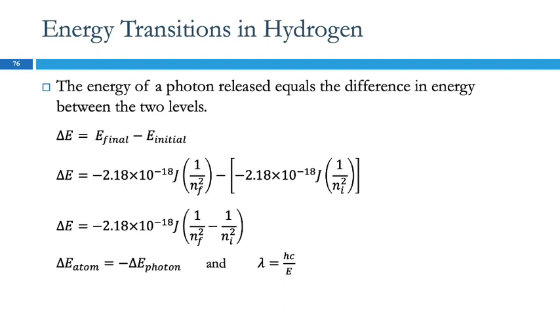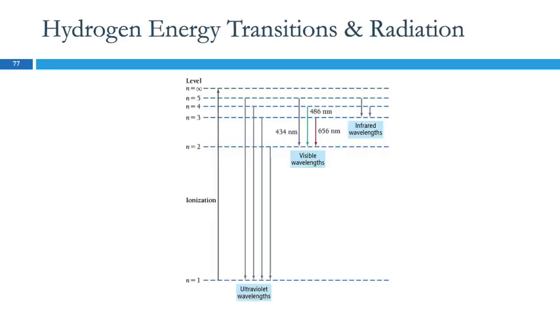You can't have negative. It's like negative speed. You can't do that. So the photon energy is always going to be positive. And delta E for the atom is going to be negative because we're going down. The change is negative. And we know that lambda, the wavelength, is equal to hc over E. It's just a rearrangement of an equation we saw earlier. So these are energy transitions in hydrogen.